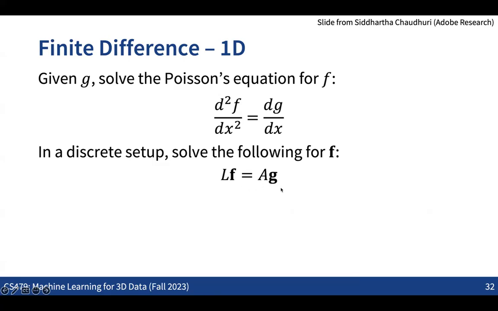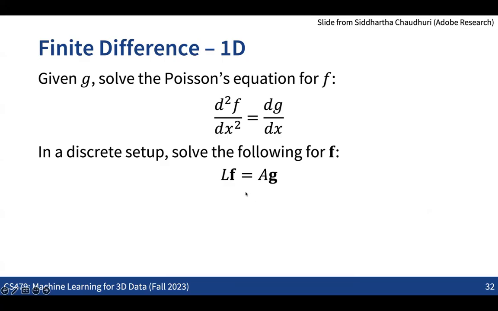Then this becomes solving a linear system. Make sense? So we have the given input gradient function, which will be converted into the vector form here. And the first derivative matrix A and the second derivative matrix L are the given information.